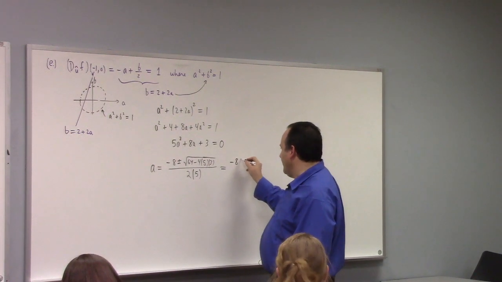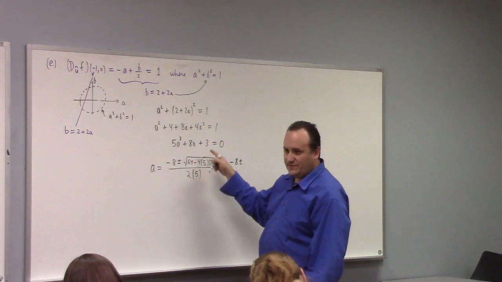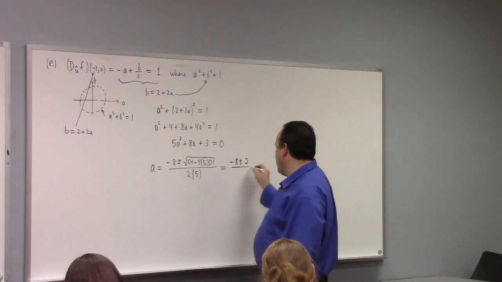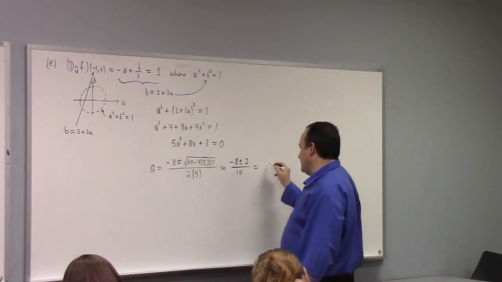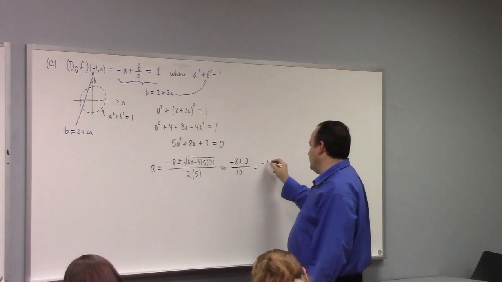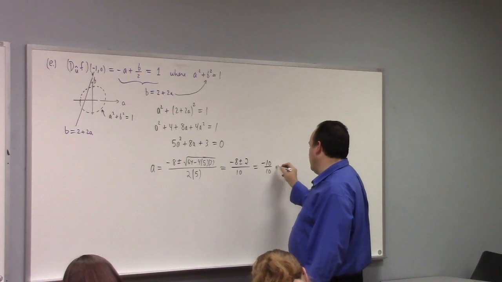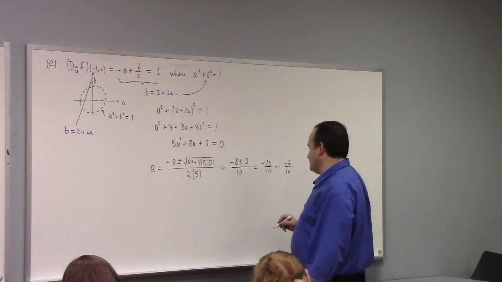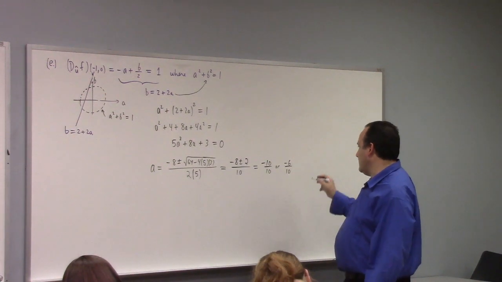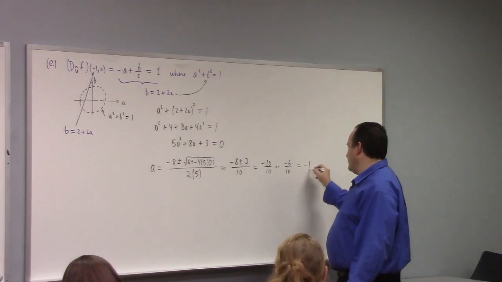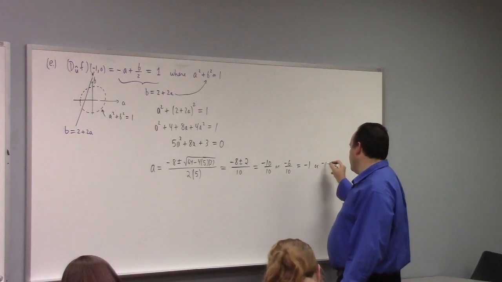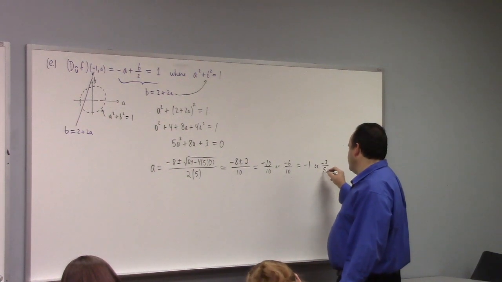So minus 8 plus or minus the square root of 4, which is 2, over 10. All right, fine. So finally, we get either minus 10 over 10 or minus 6 over 10 for my a, right? Minus 1 or minus 3 over 5.